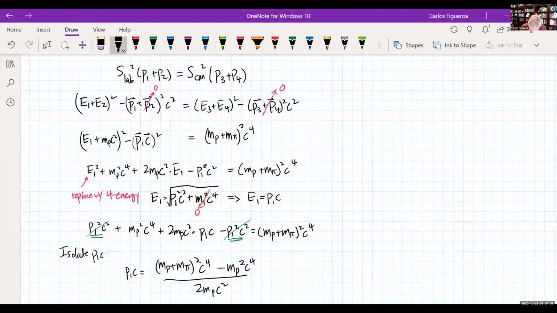So then if I start putting in my numbers, what I'm seeing here is that I know that MPC squared is 938 MeV. I know that M pi C squared is 140 MeV.